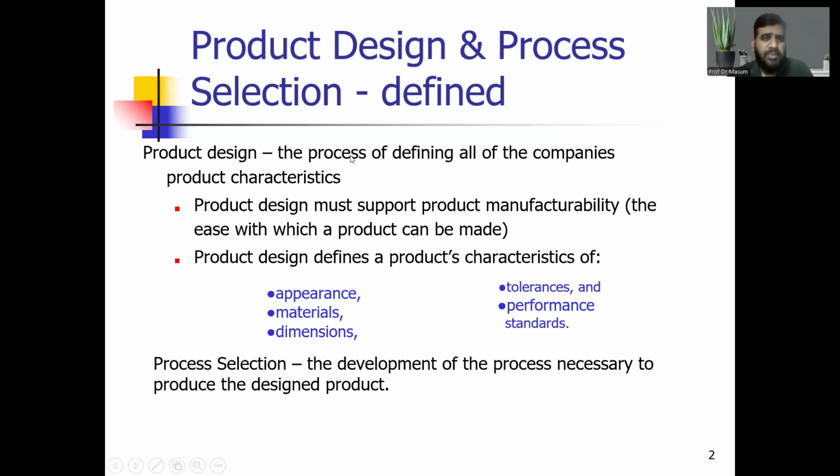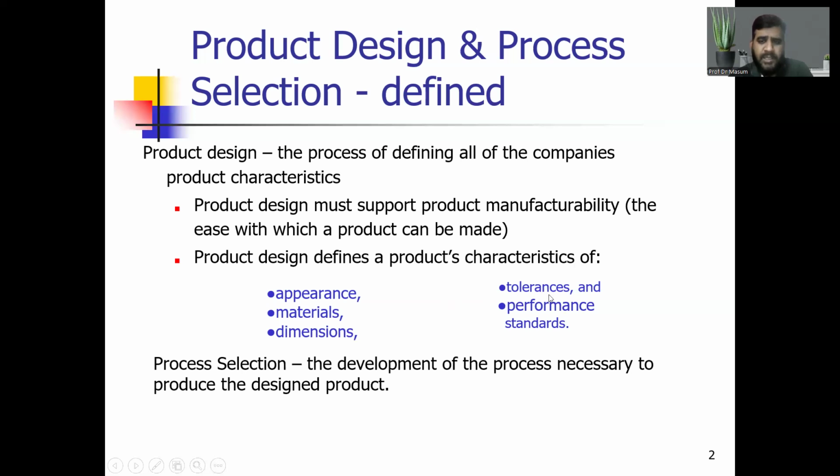So when you design a product, you have to take care of the product appearance. What type of materials you are going to use to produce that product? What will be the dimensions of the product? Whether a small, medium, square shape, round shape, cube shape is appropriate.